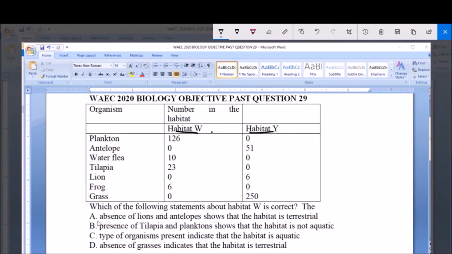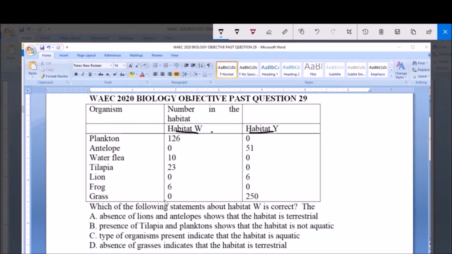A, absence of lions and antelopes shows that the habitat is terrestrial. B, presence of tilapia and plankton shows that the habitat is not aquatic. C, type of organisms present indicates that the habitat is aquatic. D, absence of grasses indicates that the habitat is terrestrial.